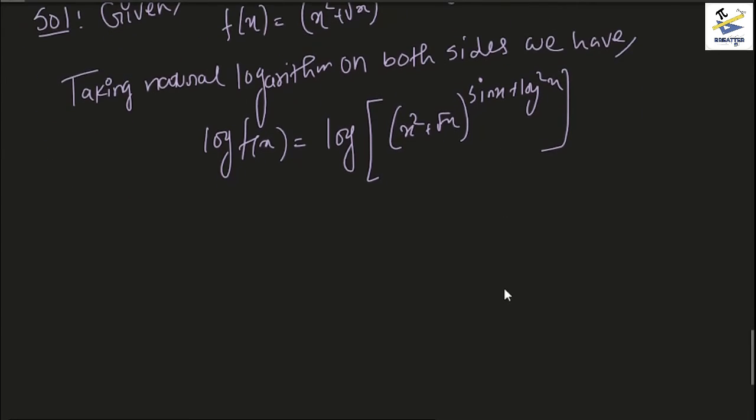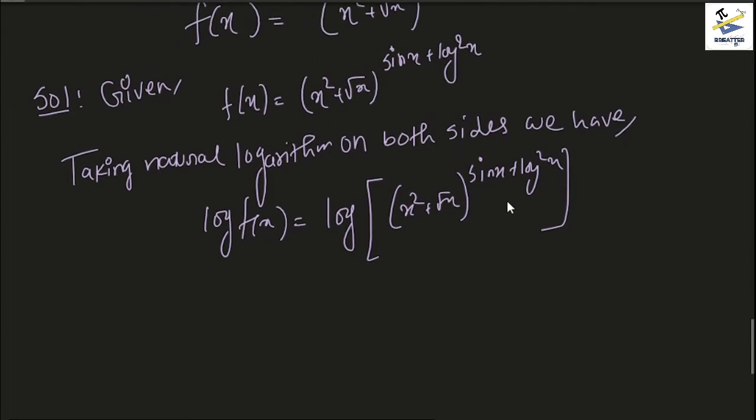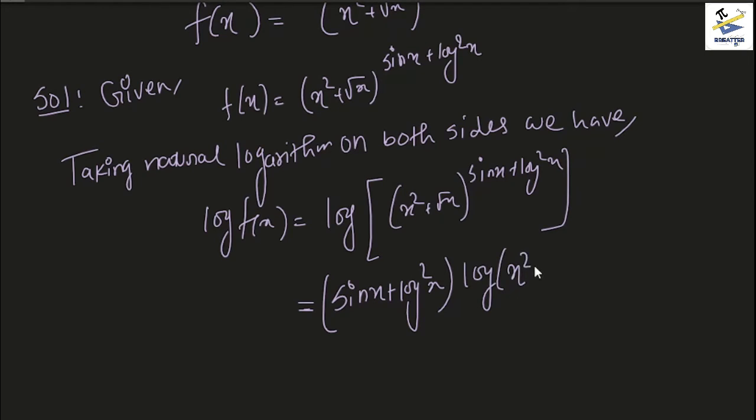Now since we know that logarithm transforms the exponent into coefficients, we can write it like sin x plus log square x, and let us define this as a new function.